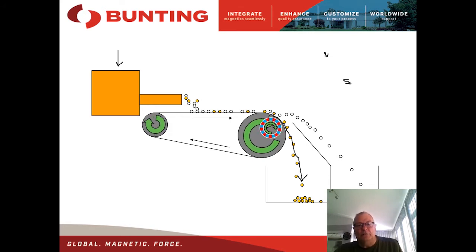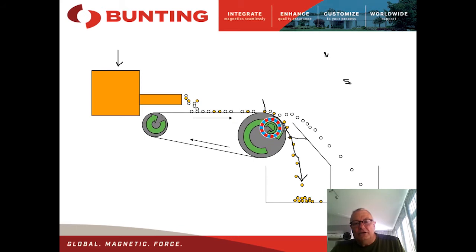Our conductive materials come into the influence of the rotating eddy current rotor, which is really an area from here to about here inside, for this particular type of eddy current design, which is an eccentric design, which means that the actual rotor doesn't take up the whole of the inner shell.